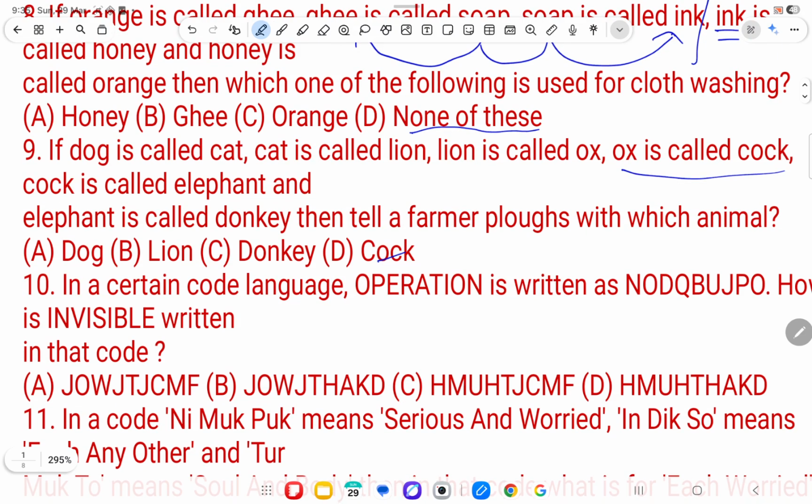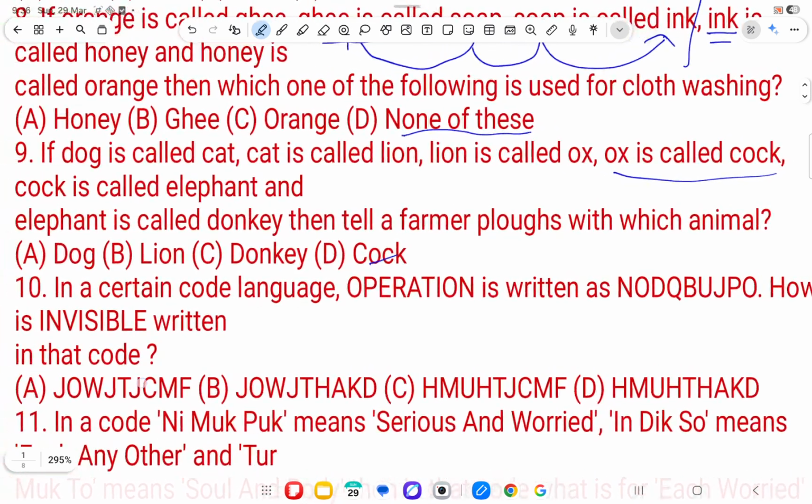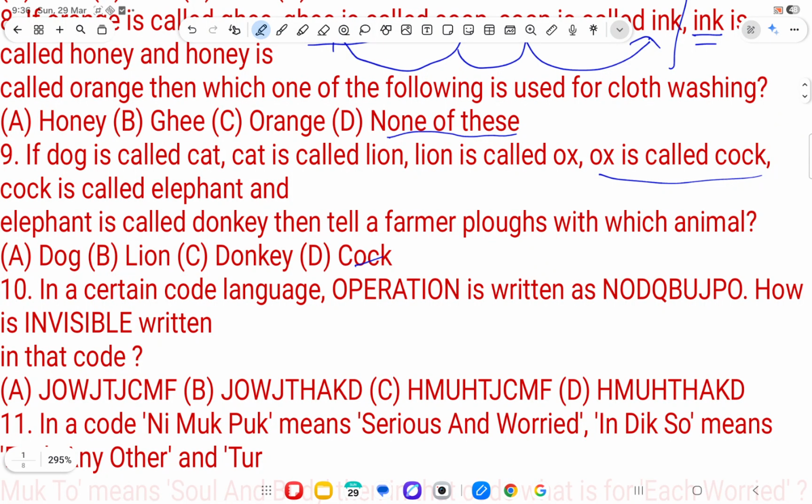Then in a certain code language, operation is written as NODQBUJPO. How is invisible written in that code language? So first check that. Is that written in the reverse order or otherwise direct?